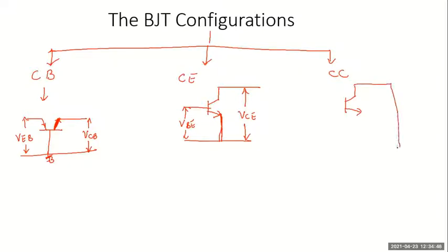So I'll bring this collector to the ground. Usually this is how we represent it, and input will be given between base and collector, and output will be measured between emitter and collector. So here the collector is grounded, here emitter is grounded, here base is grounded. This is how we represent the three transistor configurations.